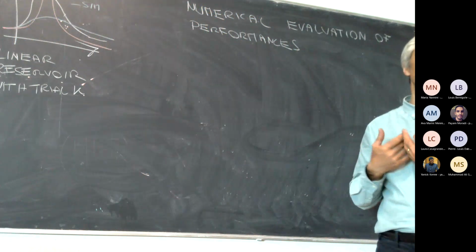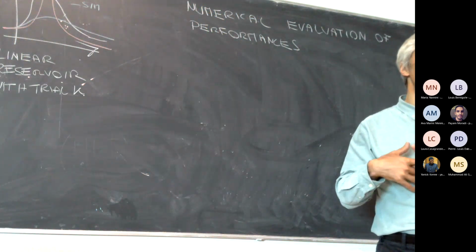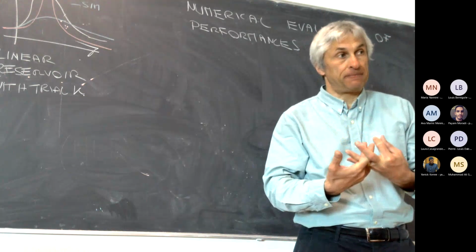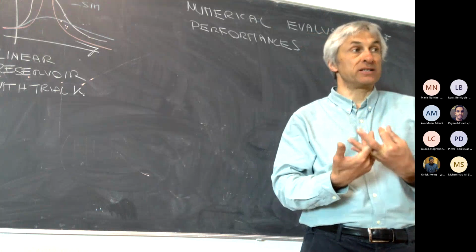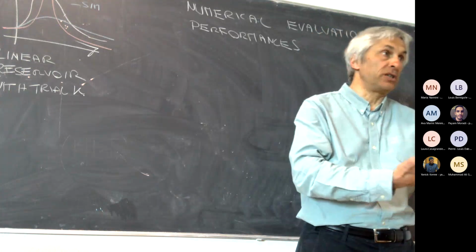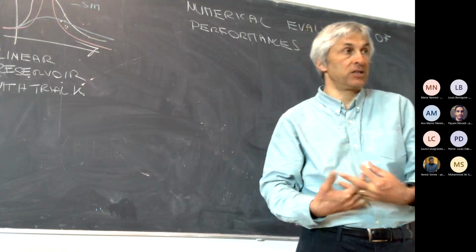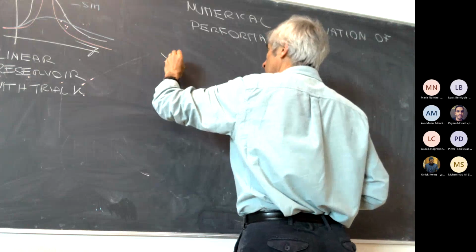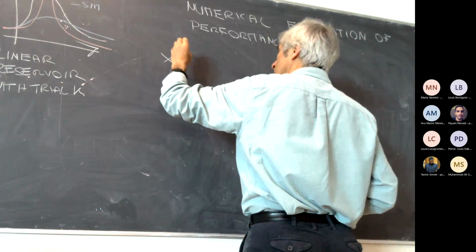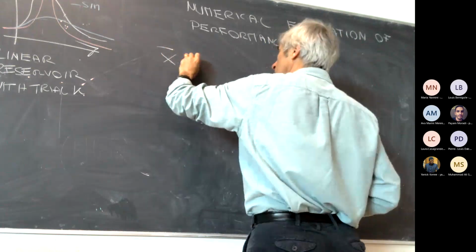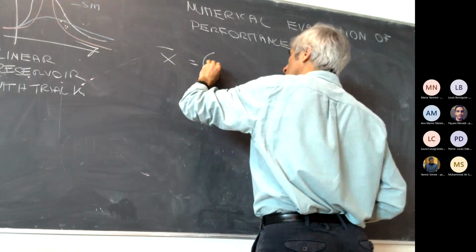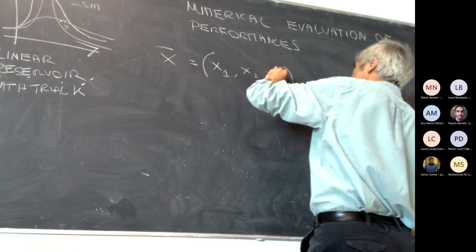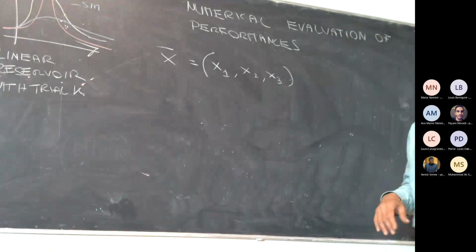There is a first trivial idea, which is to compute for each data, each observation that is simulated, the difference between the simulation and the observation. So let's suppose that you have a vector of observations x. x is a vector equal to x1, x2, x3. Let's limit it to 3.